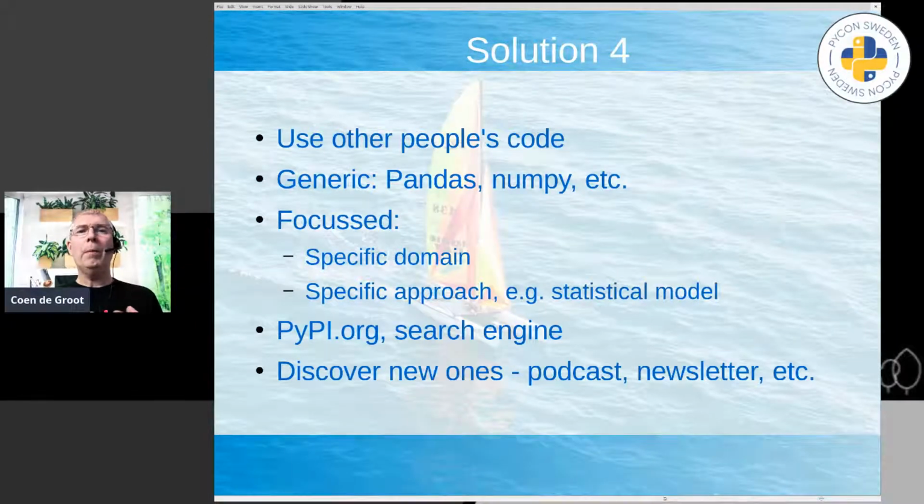So each domain, each topic has its own set of Python libraries. Or maybe a specific approach, like a particular statistical model. So a lot of that code already exists.